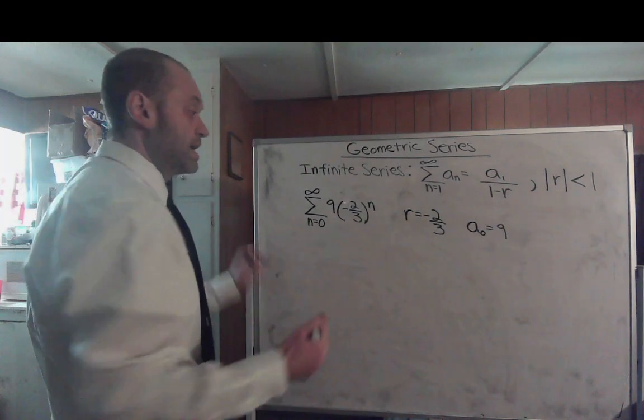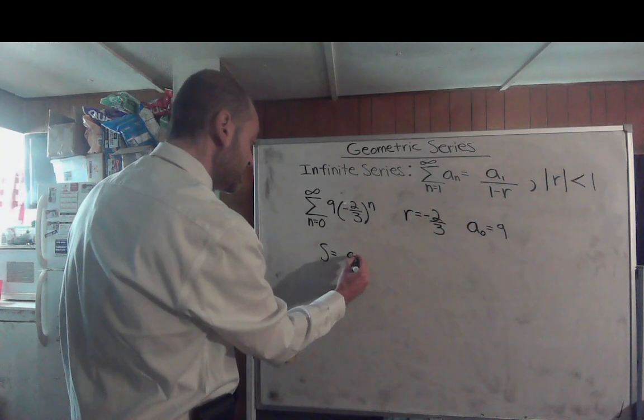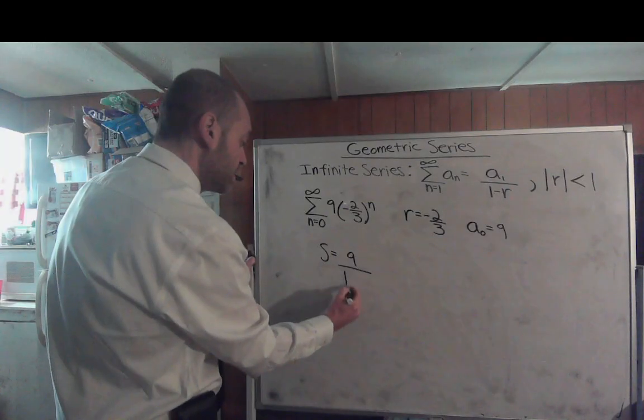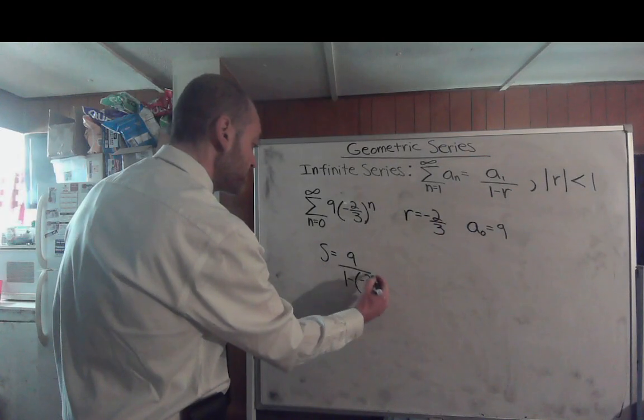Now we can go ahead and apply the sum formula, which would equal our first term of 9 all over 1 minus our common ratio of -2/3.